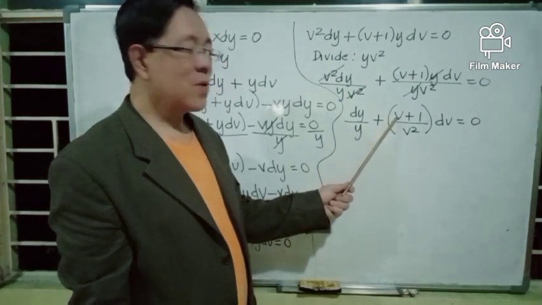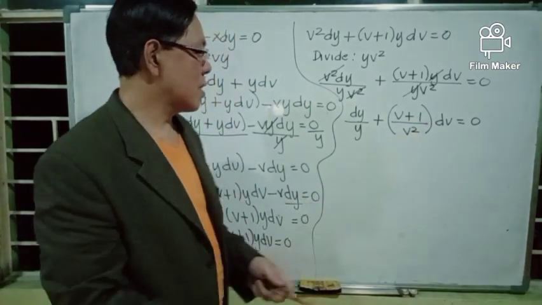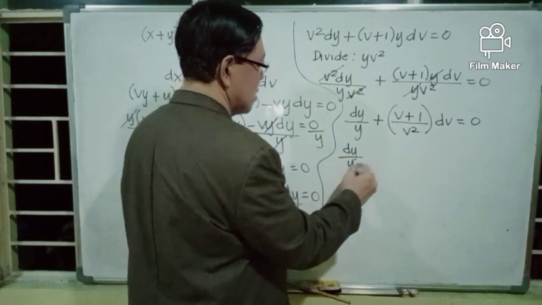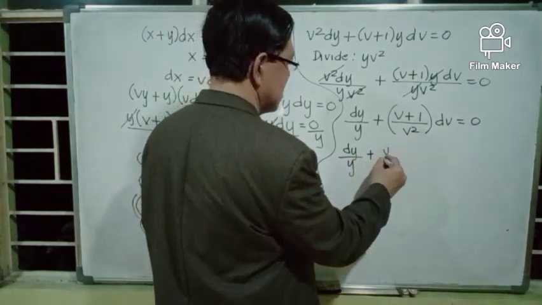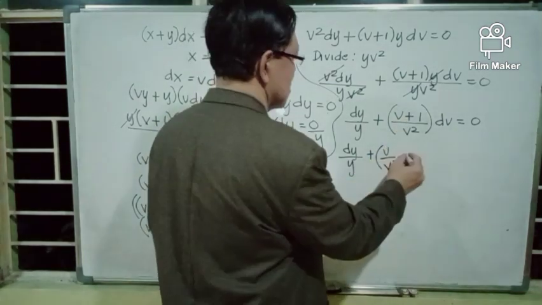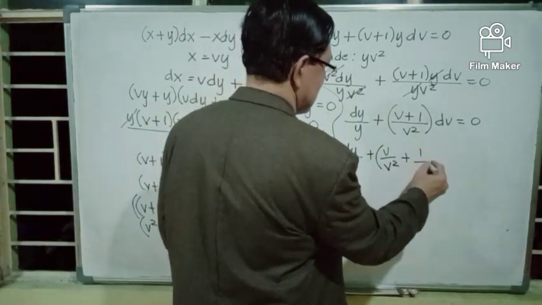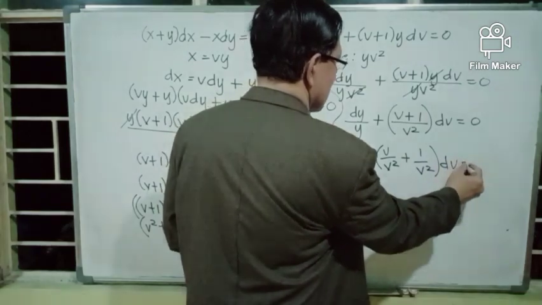For the second term, we divide each term of the numerator, v and 1, by v squared. We have dy over y. Divide v by v squared plus 1 divided by v squared, dv equals 0.